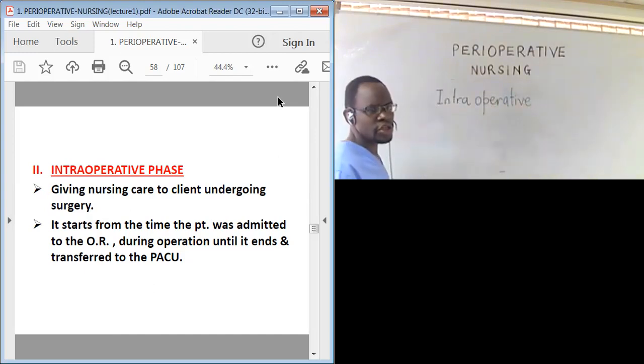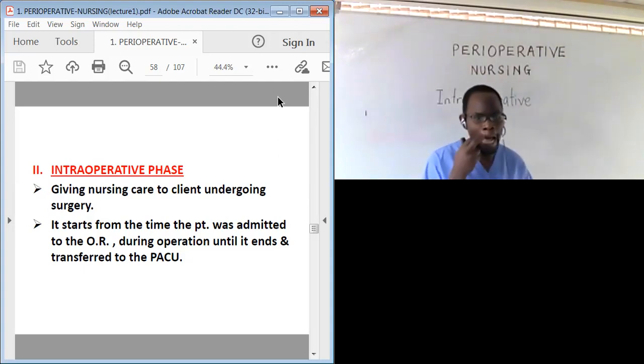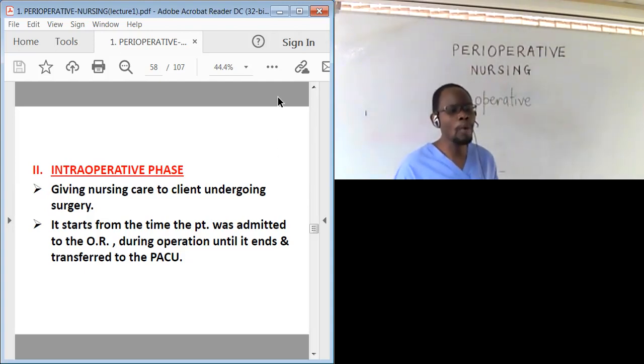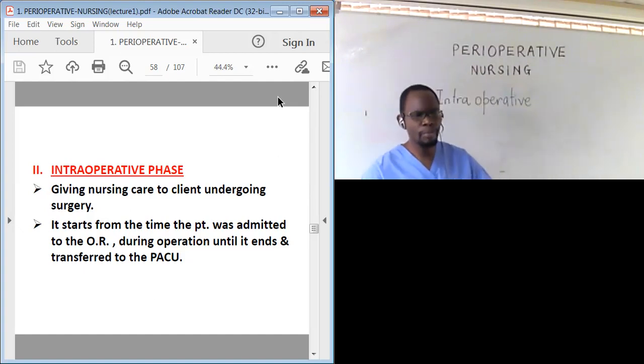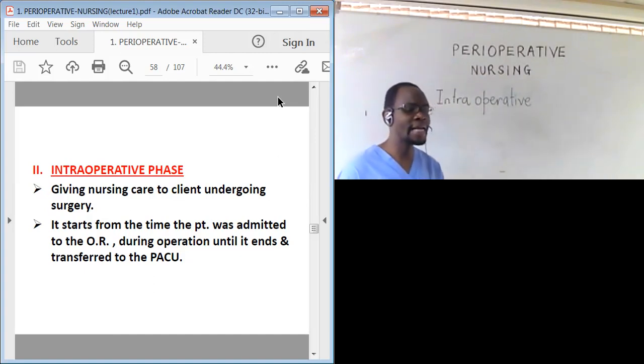All right. So now in the intraoperative phase, of course here we also know what is going to happen. We shall see what happens in the intraoperative phase of surgery, giving nursing care to a client undergoing surgery. And remember, we said when does this start and end?